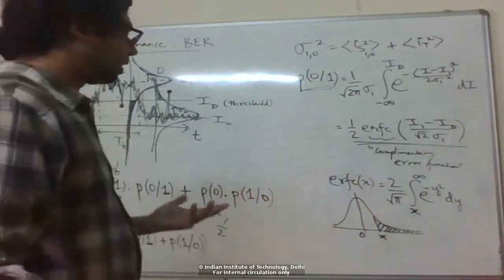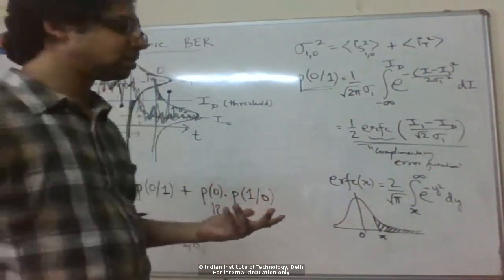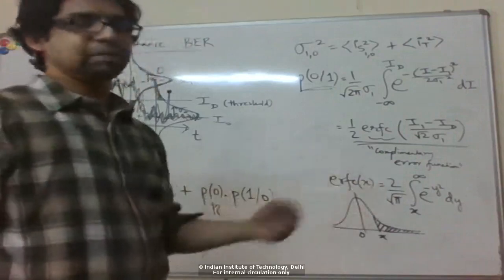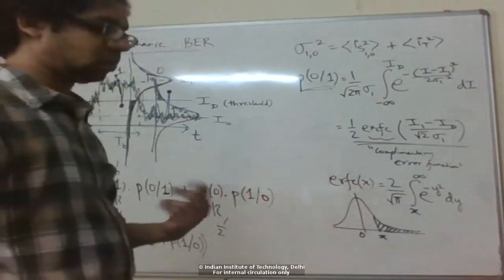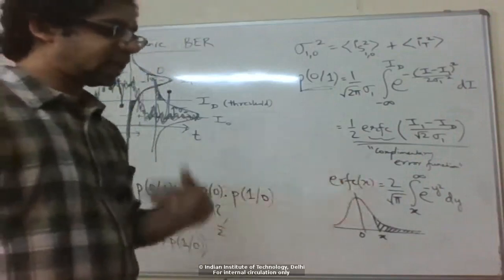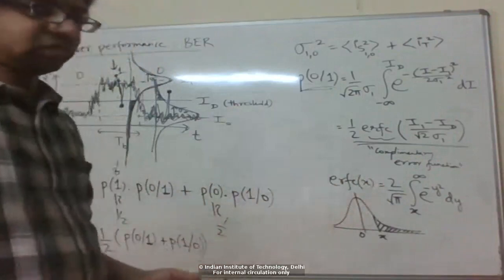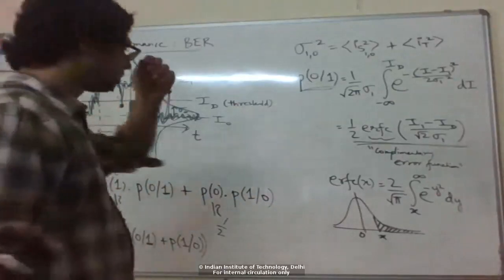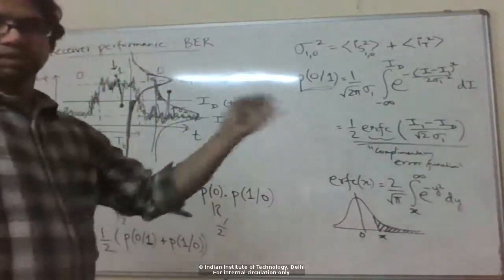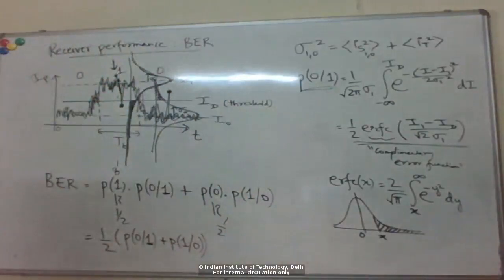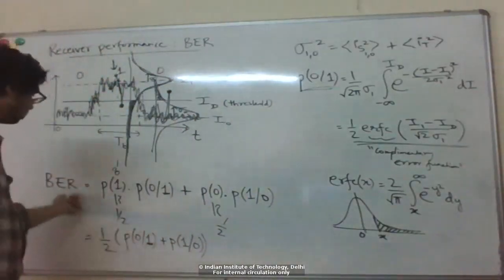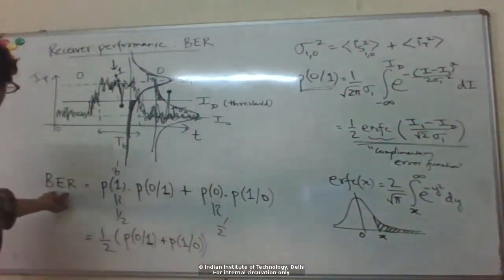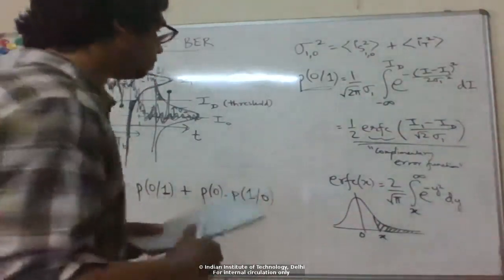If my BER is 10 to the minus 9, that means every billion samples, I'll get one error. So it's the rate of errors as I sample more and more. It's more like a probability of error, but this is the technical term which is used.